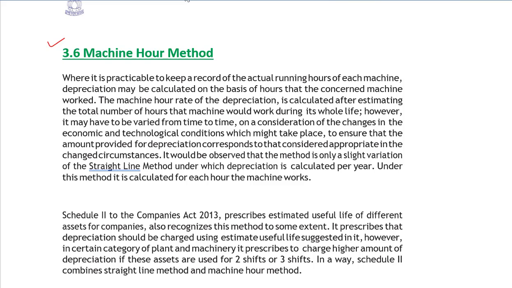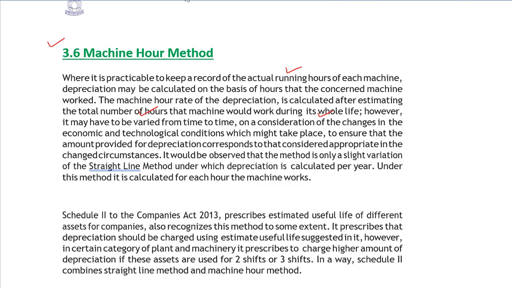Let us continue with the next method, and that is the machine hour method. Where it is practicable to keep a record of actual running hours of each machine, depreciation may be calculated on the basis of hours that the concerned machine worked. The machine hour rate of depreciation is calculated after estimating the total number of hours that the machine would work during its whole life.